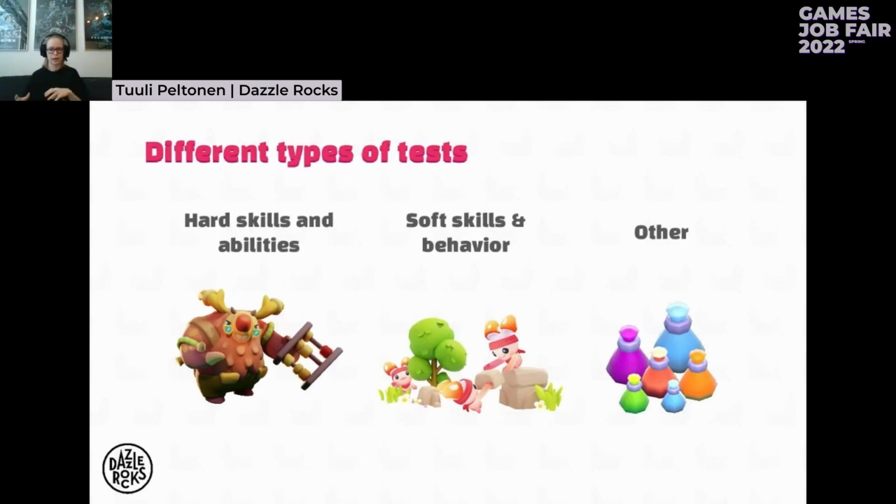And then there are some other tests that are not as usual in the games industry. These can include things like drug tests or physical aptitude tests. But today, I'm only going to be focusing on the hard skills and the soft skills tests, because the other category in the games industry is not that common, I would say.